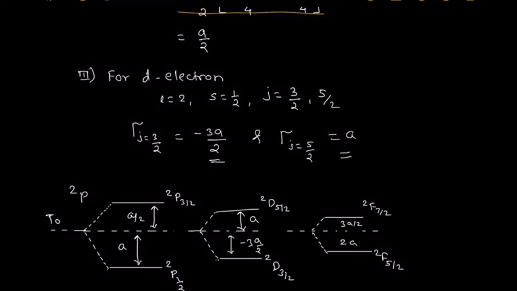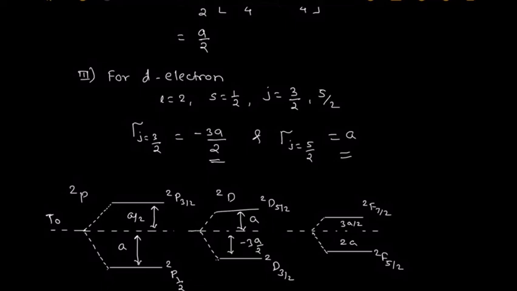Similarly, for another term, doublet D, doublet D also splits into two terms. Doublet D 3 by 2 is the lower state, which has less energy. All lower states have less energy, and these are most probable, hence these are the stable ones that we discussed earlier.